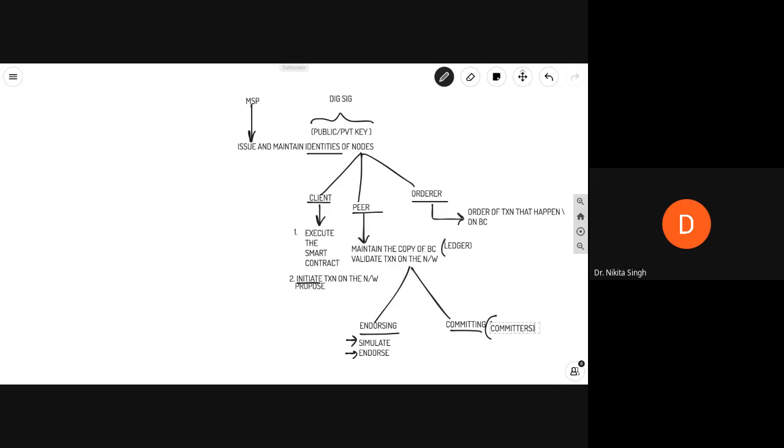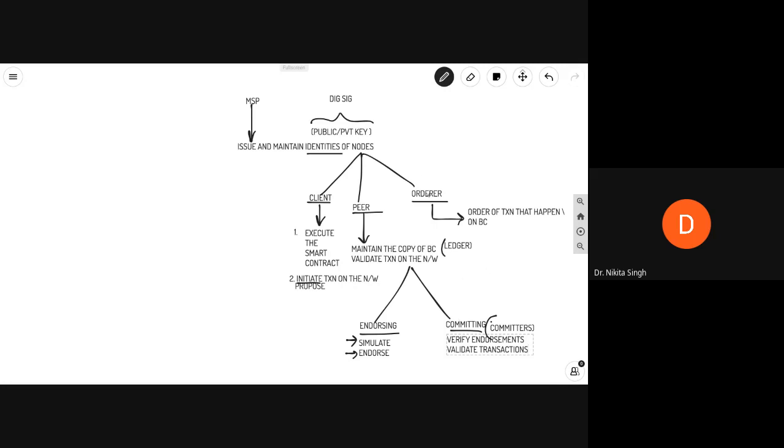What the committers do is verify the endorsements and validate the transactions. All of this is done prior to committing the blocks to the distributed ledger.